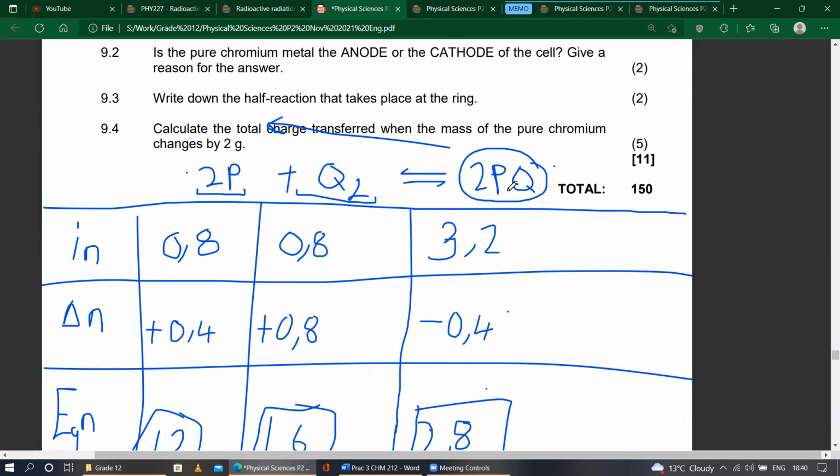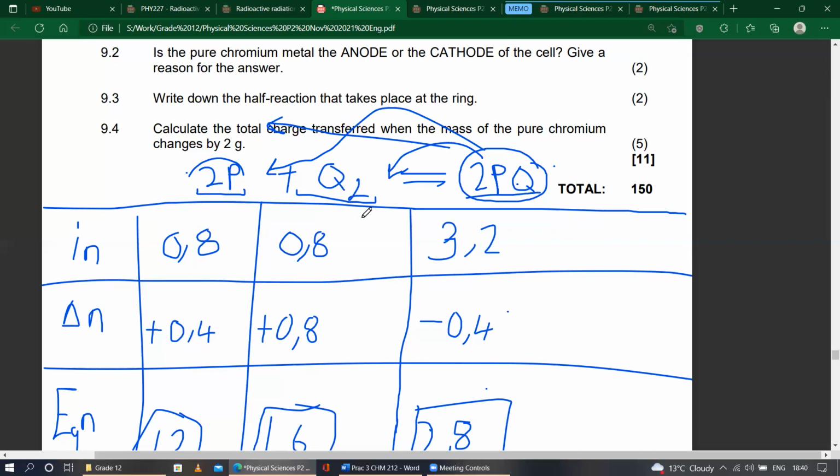They're not adding more P. They're just increasing the temperature so that PQ can be converted into Q2 and P. So that means PQ is going to lose its mass, and that mass is converted back into Q2 and P. Does that make sense?